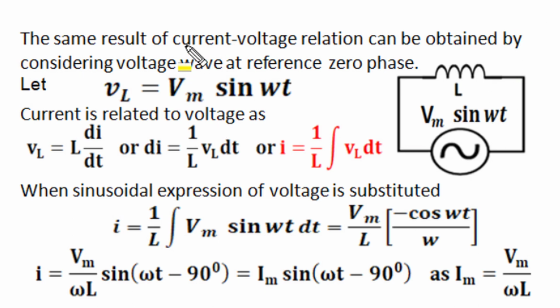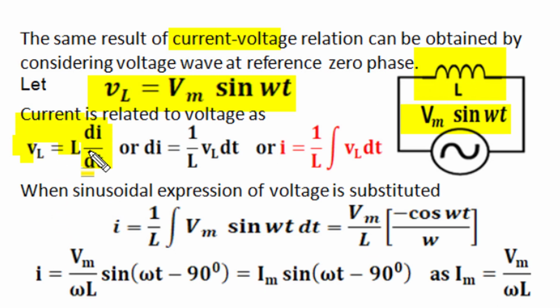A similar current voltage relation in an inductor can be obtained by considering the voltage across the inductor as the standard reference voltage VL equal to Vm sin omega t, which with phase angle 0 has instantaneous magnitude 0 at t equal to 0. When this voltage is applied, as per the instantaneous magnitude of voltage, there is an instantaneous rate of change of current with respect to time, and applied voltage and di by dt are proportional to each other, and the proportionality constant is the coefficient of self inductance of this coil configuration.